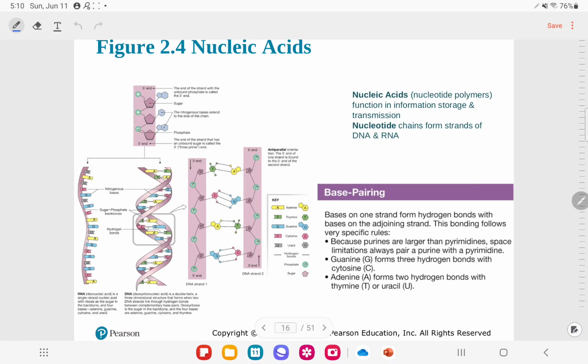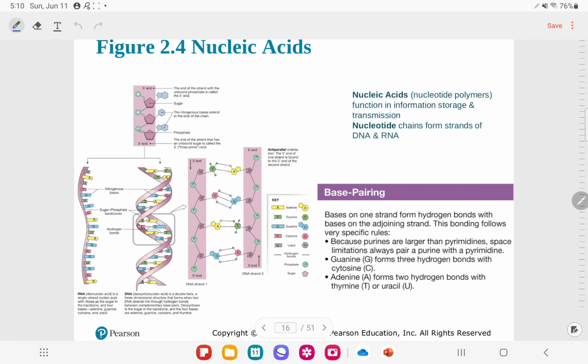And so within these nucleic acids, remember nucleotides make up nucleic acids. So a nucleic acid is just a polymer of nucleotides, and they function in information storage and transmission. These nucleotide chains will form the strands of DNA and RNA.